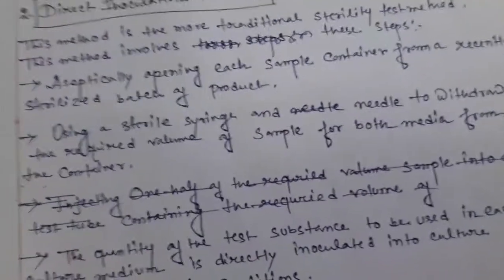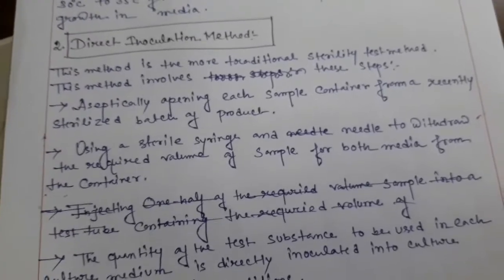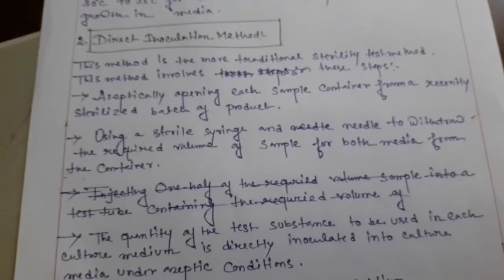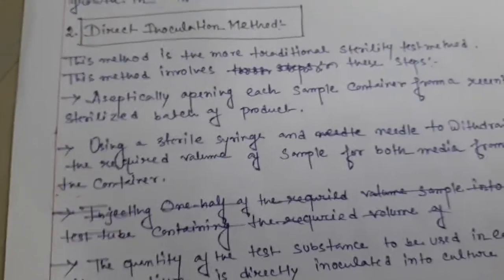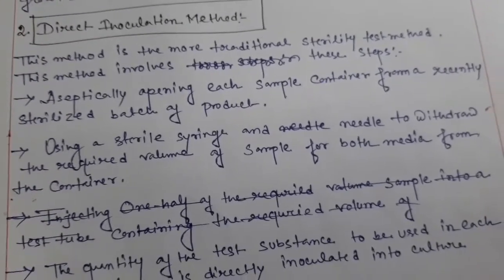And then the direct inoculation method. Direct inoculation method means you directly inoculate the sample into the culture media for the growth of microorganisms. This is a more traditional sterility method, and it involves these steps.